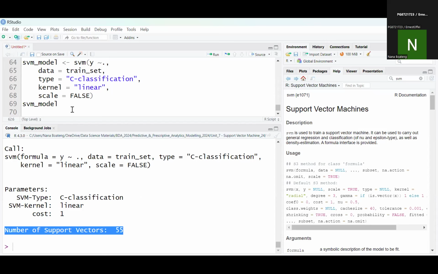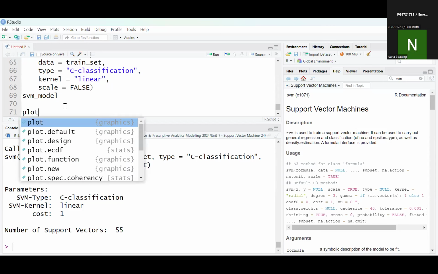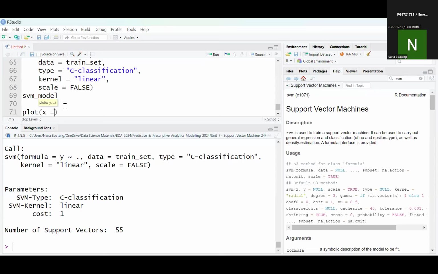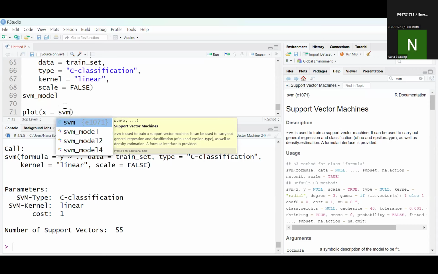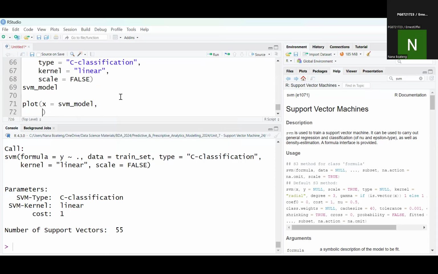So let's visualize our plot. Let's plot. Our x is equal to the SVM model, and our data is the train set.